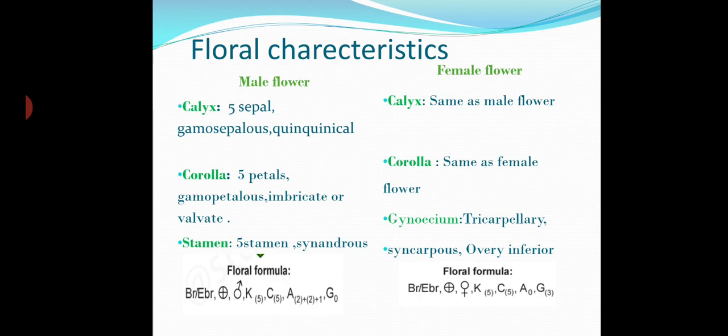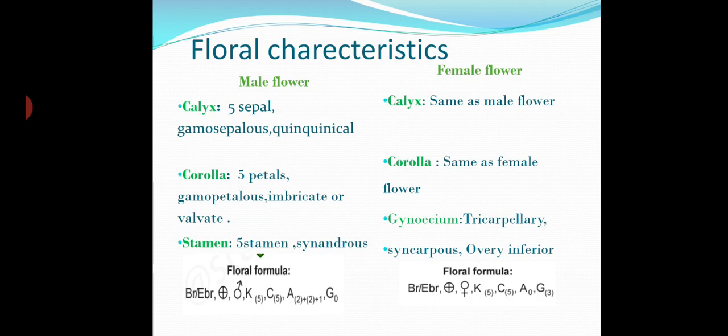In the case of female flower, gynoecium is the reproductive whorl. It is tricarpellary, syncarpous, and the ovary is inferior, that is epigynous. Then by using this information, we can write the floral formula.